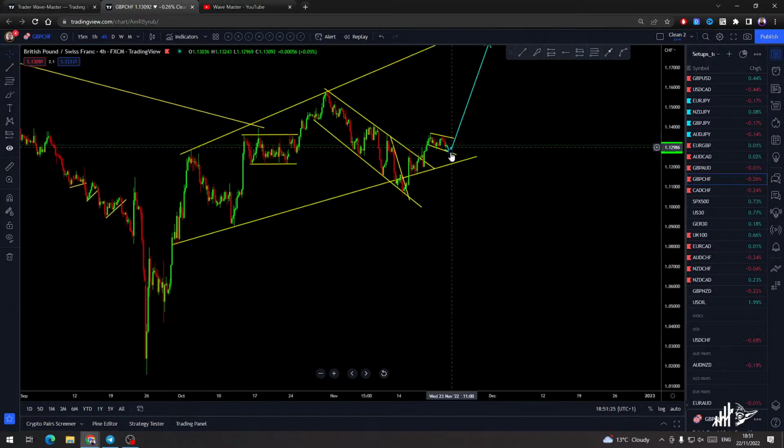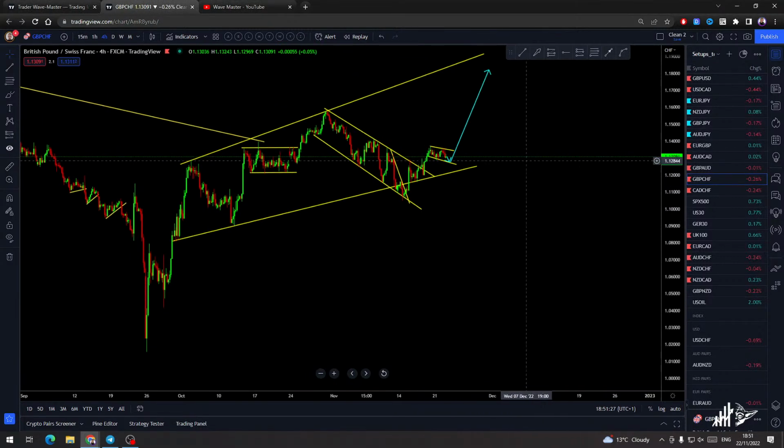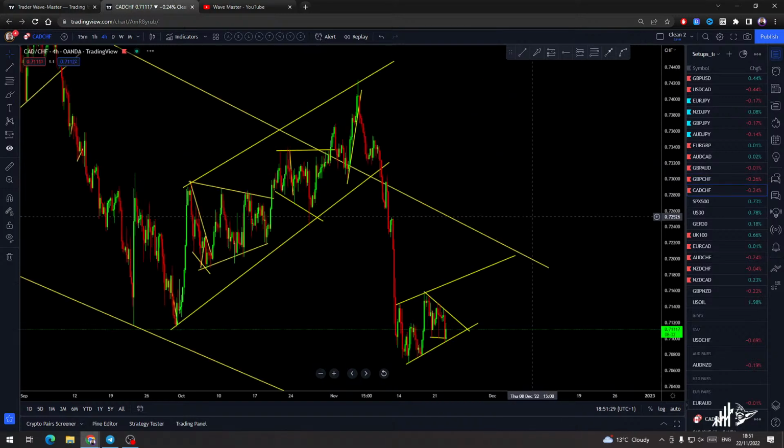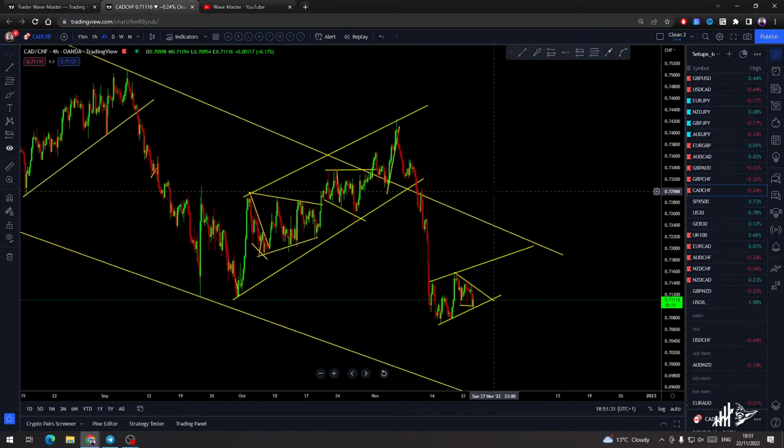Pound Chief, we said let this correction appear and go for the buy stop. Cad Chief, this is a chart that everyone's supposed to have. If you are there for at least a month and you catch it, that's great. You are learning and you are listening. But if you didn't make any money on Cad Chief, then you have to start listening.